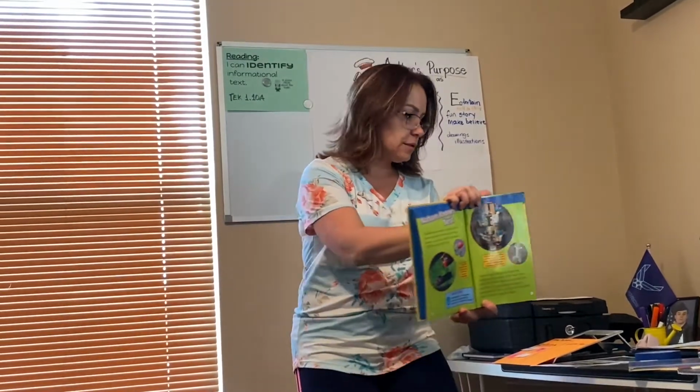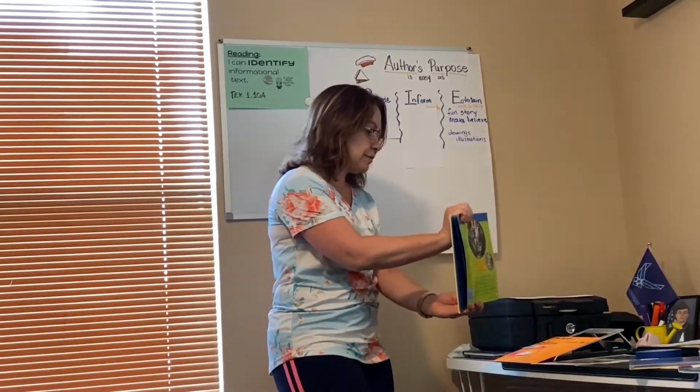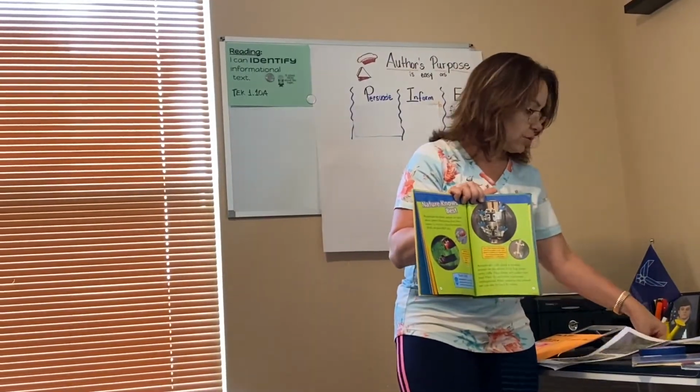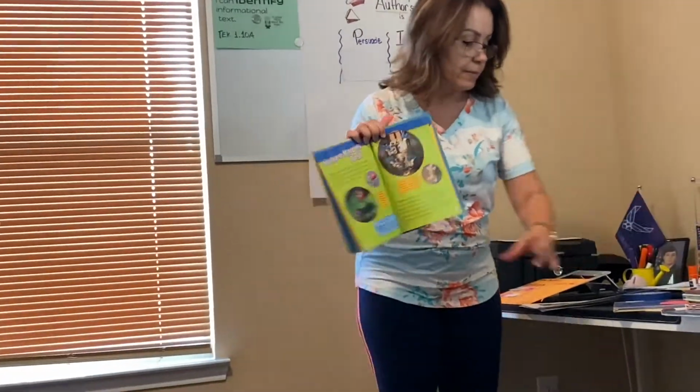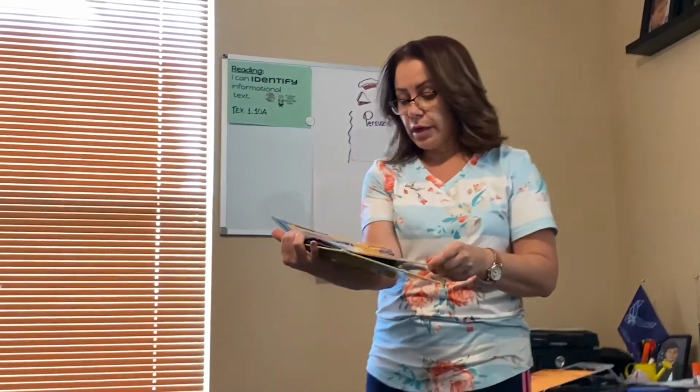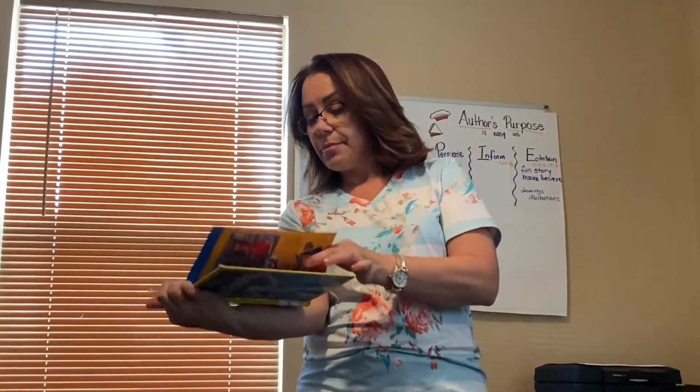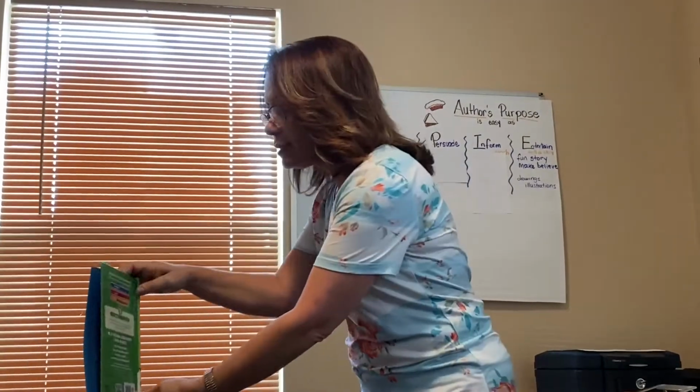Do you see it? Can everybody see it? Yes. All right, for example, we also have bullets. I already said bold letters. We also have diagrams, okay? We have maps.